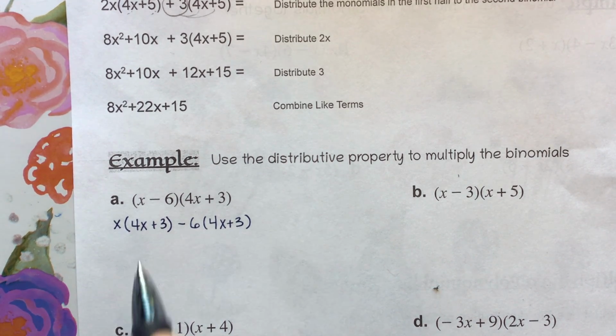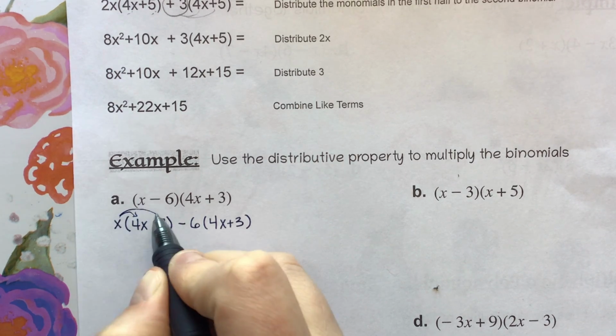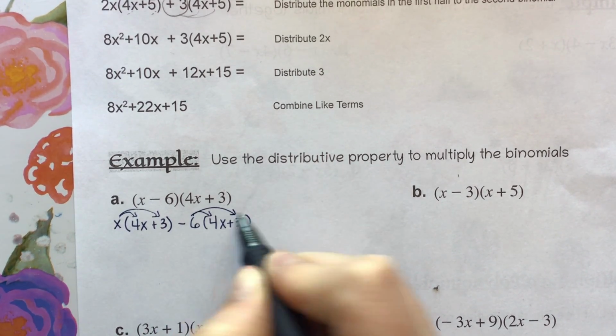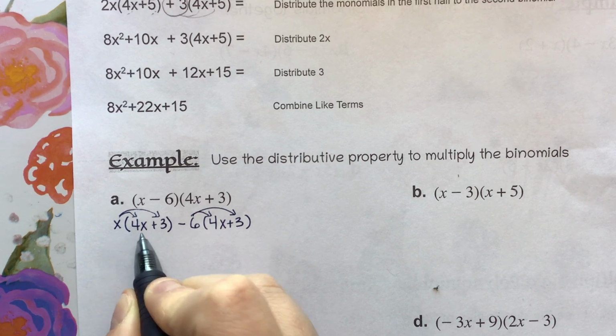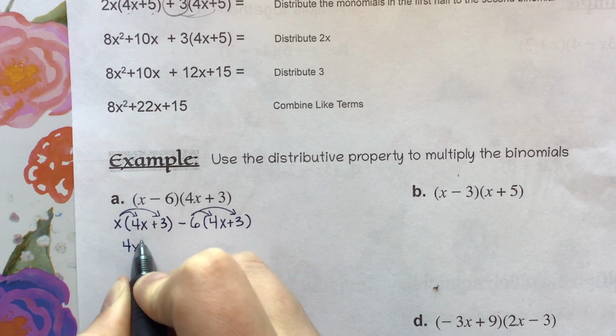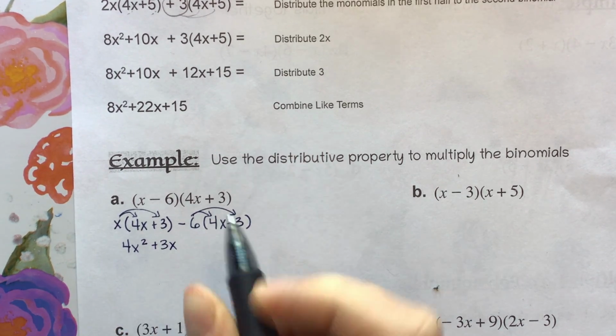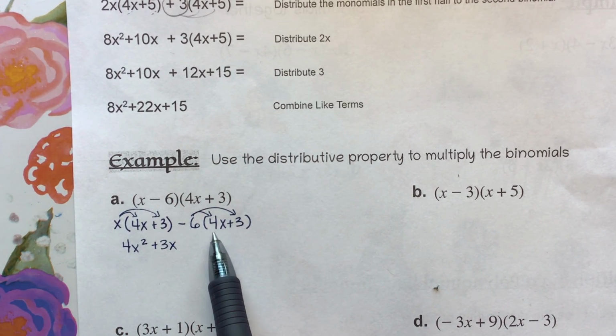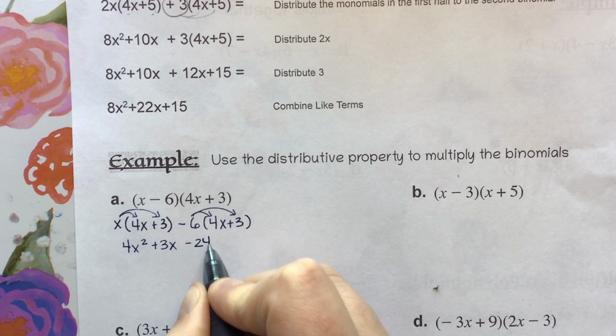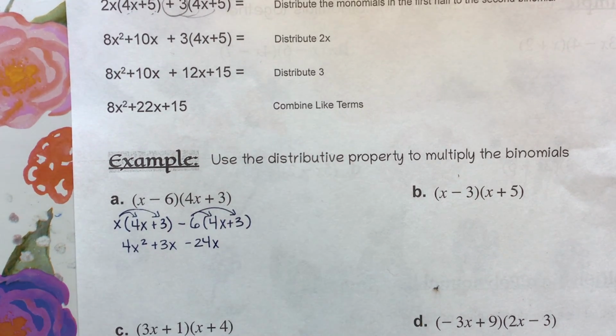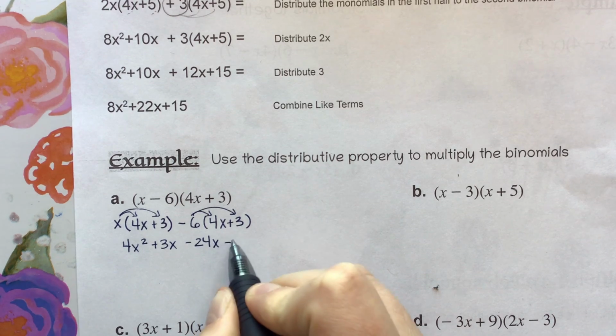Now, for each individual term, I'm going to distribute that to the parentheses. So x times 4x is 4x squared, and x times 3 is 3x. Negative 6 times 4x is negative 24x, and negative 6 times 3 is negative 18.